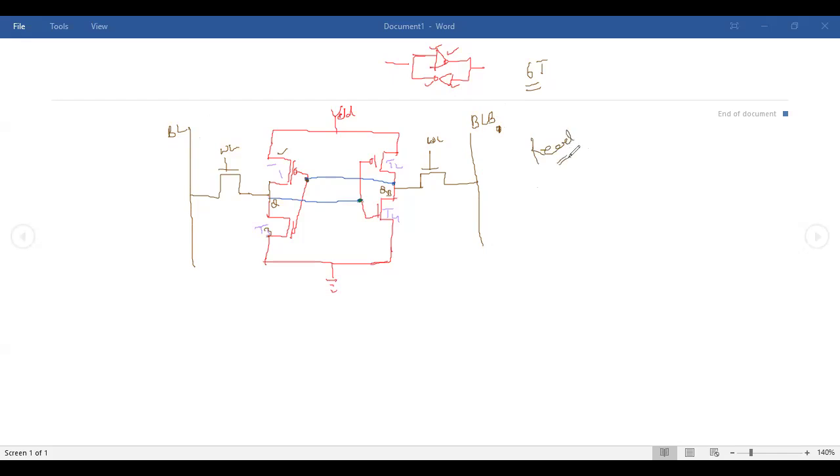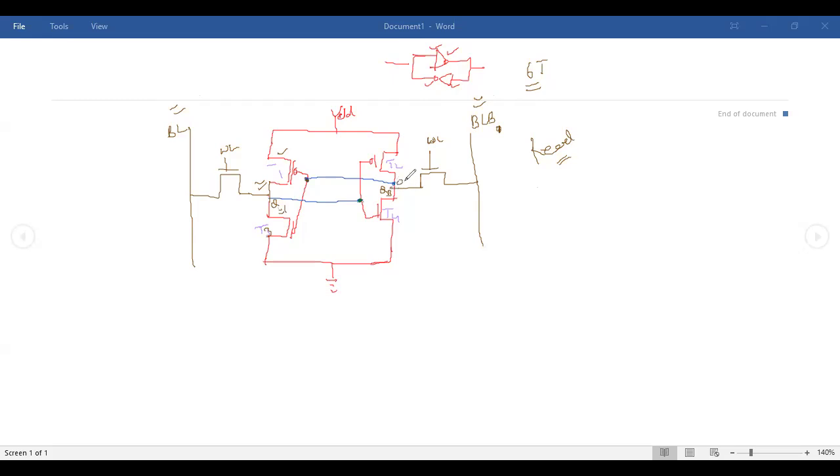When we do the read process, it means whatever data is over here should be reflected on this. I repeat, the meaning of reading a memory is that whatever data is inside should be reflected outside, right? So the data inside is Q is equal to 1, QB is equal to 0.